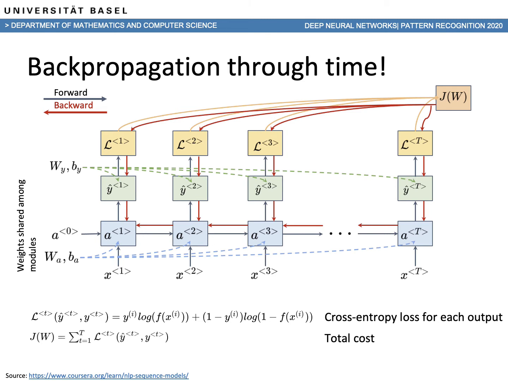This is also what is known as backpropagation through time. A quite fancy name, but as such it is just the standard backpropagation algorithm that we have been touching on earlier.